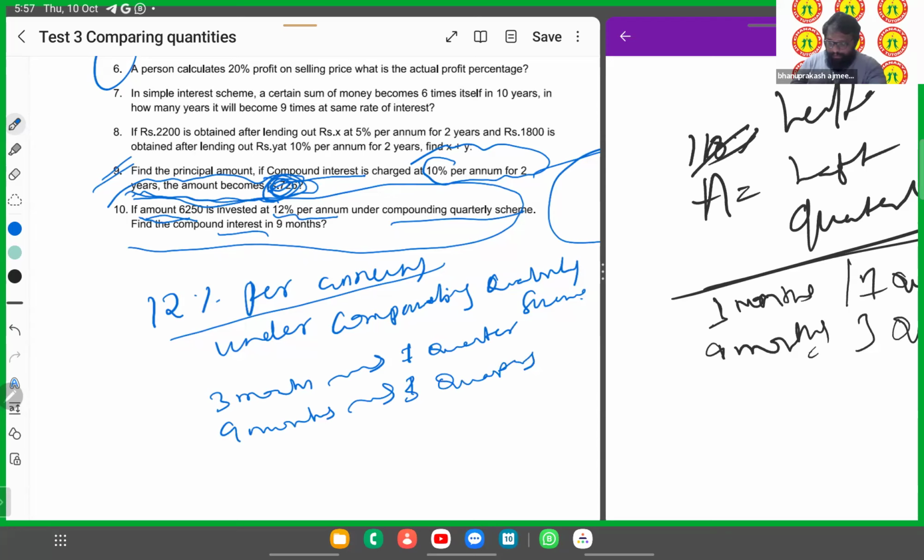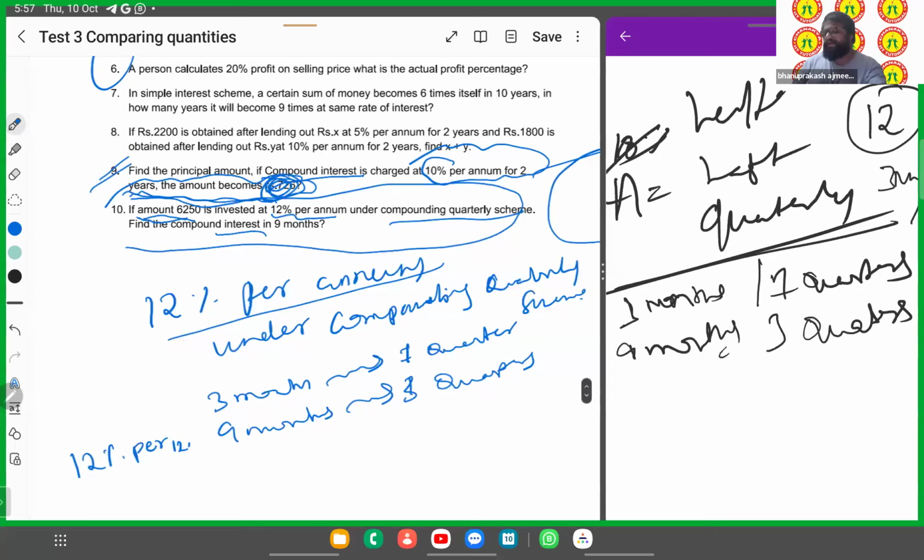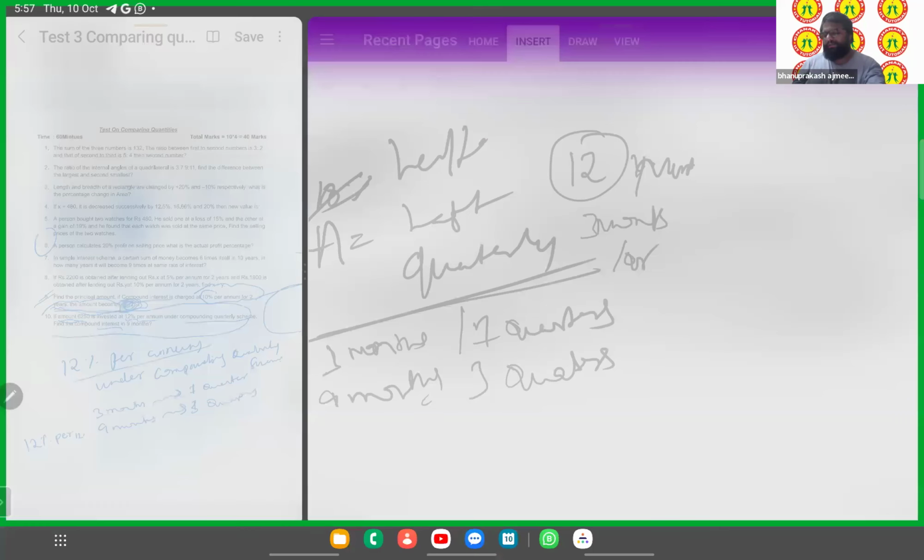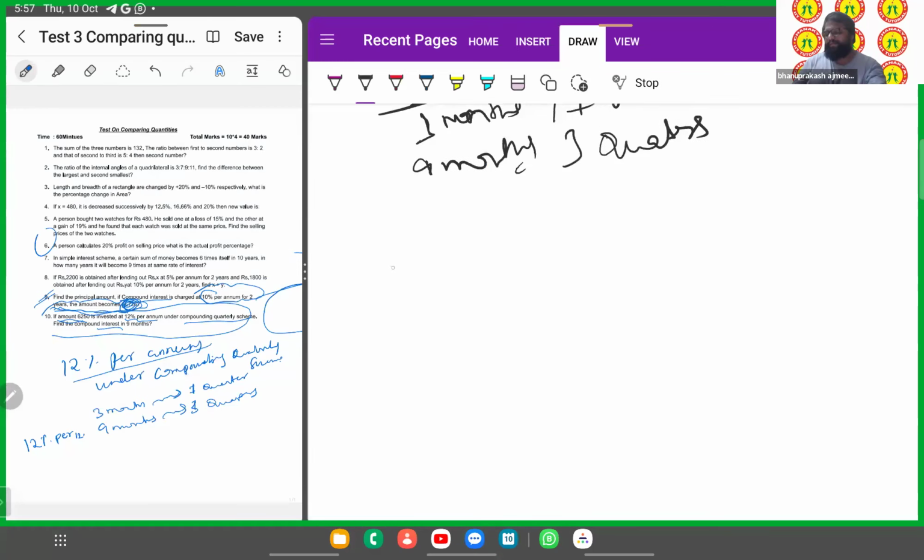So now I am telling here 12% per annum means, can I write this as 12% per 12 months? Students, 12% per annum is given.